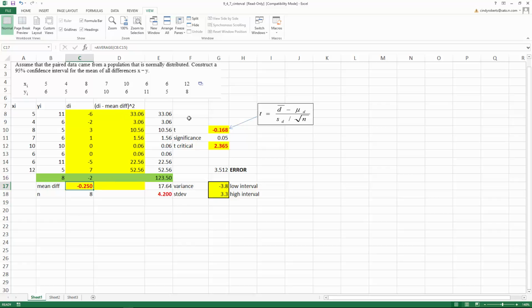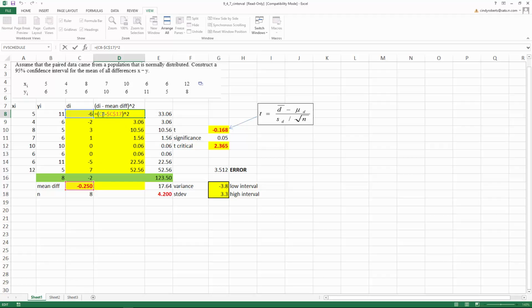For my formula over here, I'm going to need each difference minus the mean difference, and then square it. So if you look at this, this takes each individual difference, that's C8, and then it subtracts the mean. Now, when you see these dollar signs, the only reason those are on there is because I copy and paste this formula straight down.